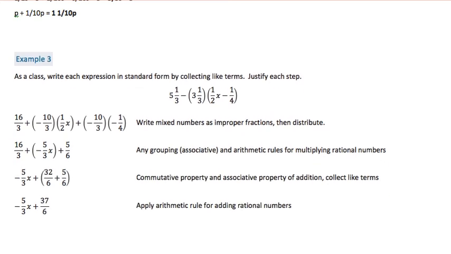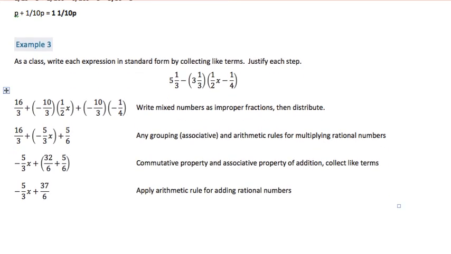Now in example 3, the steps have been completed, and we are collecting like terms, so we're justifying each step. We'll take a look at the problem step by step.